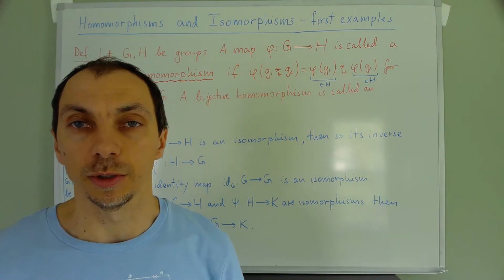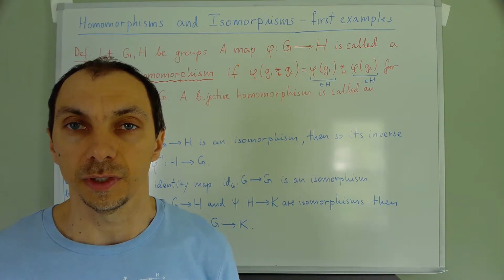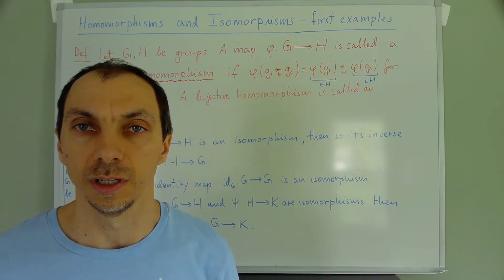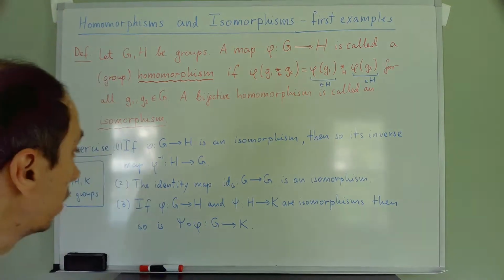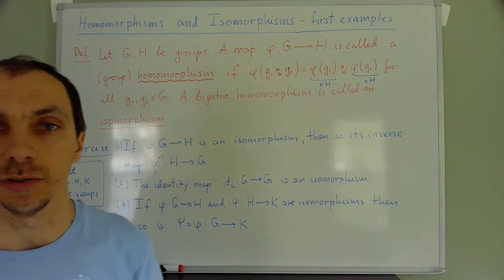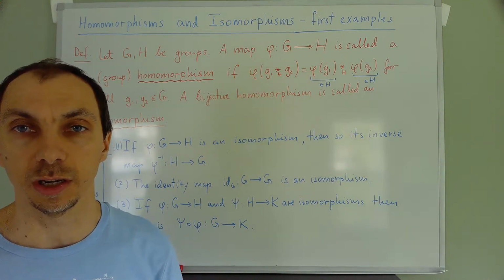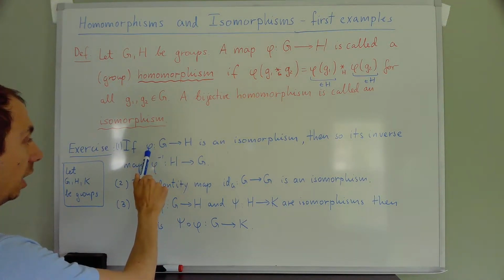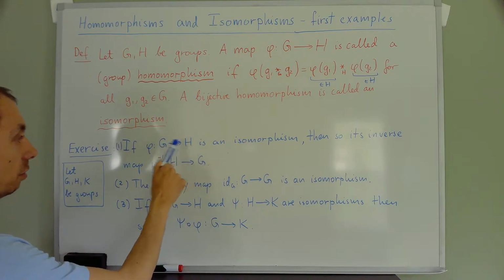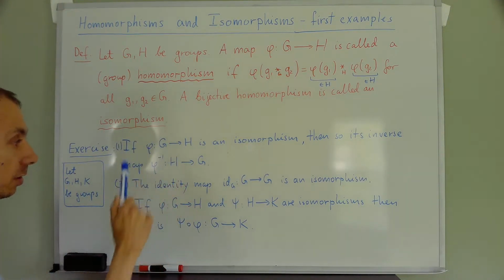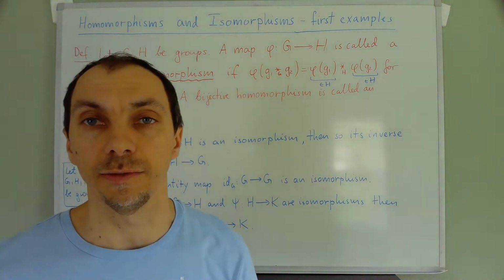Before we get to examples, there are some very basic properties of homomorphisms, actually of isomorphisms here, that I wanted to emphasize. So let G, H, and K be groups. And here's an exercise for you to do. It's a very easy exercise, but I recommend doing it. If I take an isomorphism from G to H, so in other words, a bijective homomorphism, then because it's a bijection, it has an inverse.